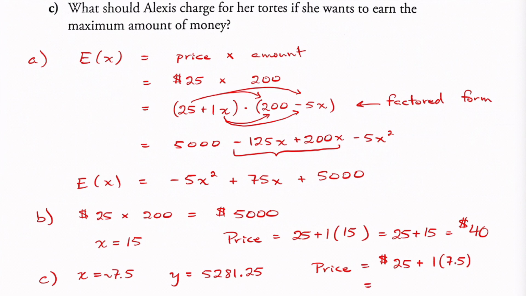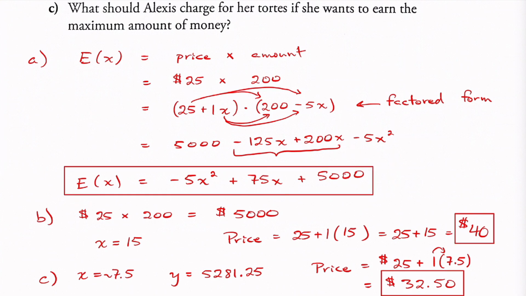When we multiply that, it's just going to give us 7.5. So I've got 7.5 plus 25, and that's going to give me $32.50. Okay, so there are our answers for that question.